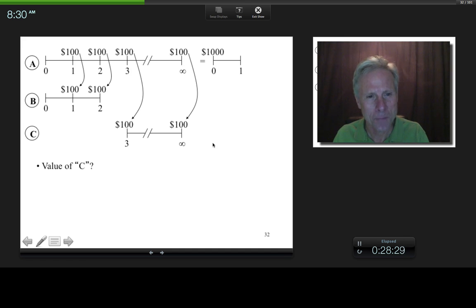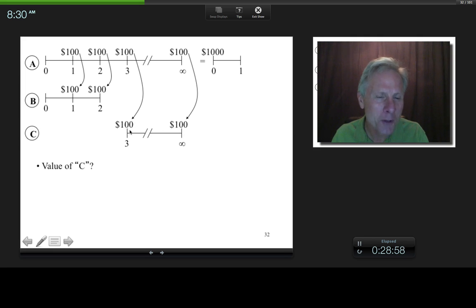It is. So could I apply my perpetuity formula? I could. The perpetuity formula is C over R. The C is 100. The R was 10%. So 100 over 0.1 is 1,000. The $1,000 would be true for what time period?